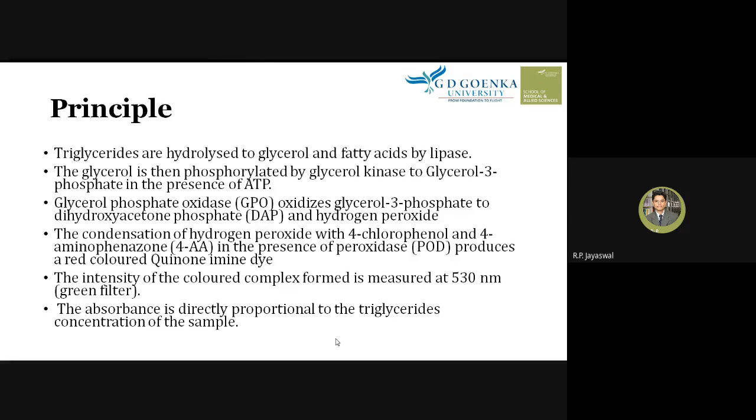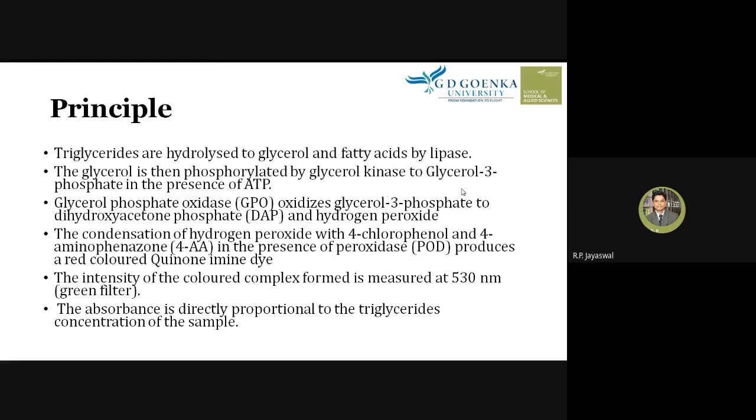I have written the reactions you studied in the previous slide. Triglycerides are hydrolyzed to glycerol and fatty acid by lipase. That is the first reaction. The second reaction is that glycerol is phosphorylated by glycerol kinase to glycerol 3-phosphate in the presence of ATP.